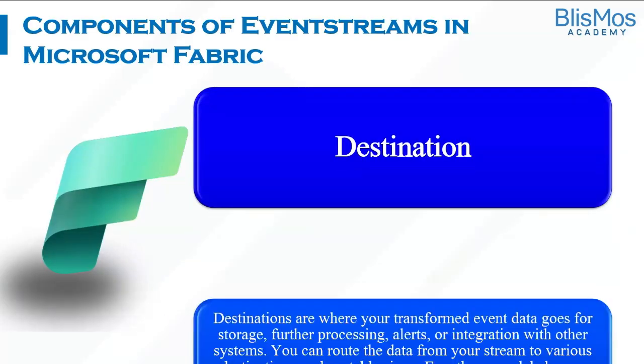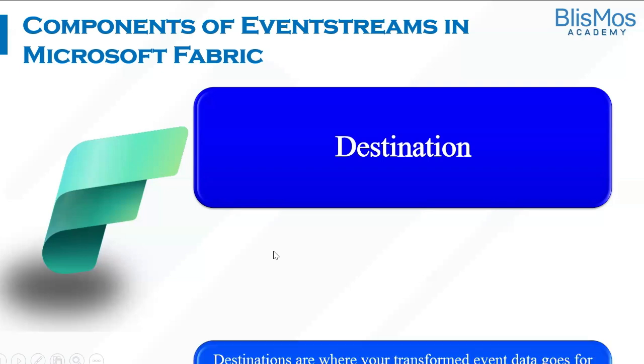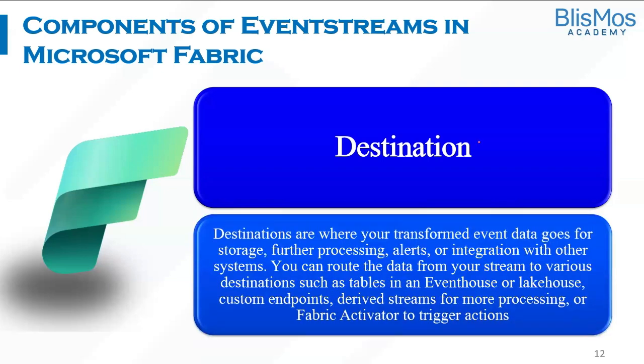Then we have destination. What is destination? Storage. Target place. Basically, to simplify it, destination is where the transformed data is sent. Destinations are where your transformed event data goes for storage, further processing, alerts, or integration with other systems.